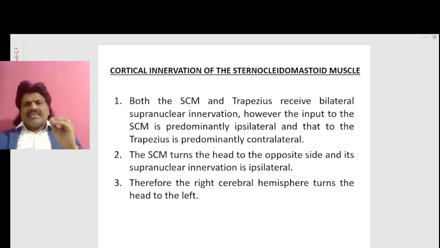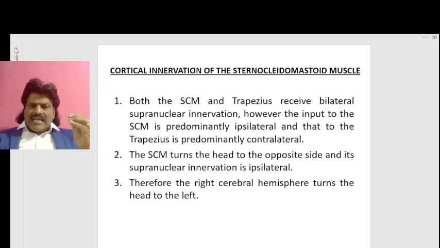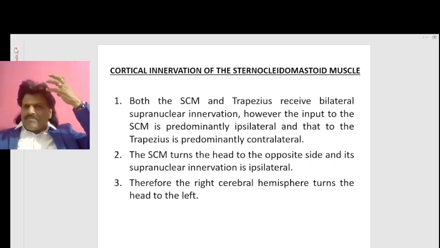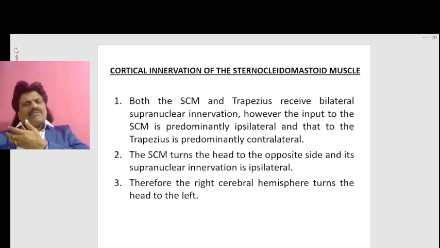So very interesting and very unique, very important. Both the sternocleidomastoid muscles and trapezius receive bilateral supranuclear innervation. However, the input to the sternocleidomastoid muscle is predominantly ipsilateral and that to the trapezius muscles is predominantly contralateral.